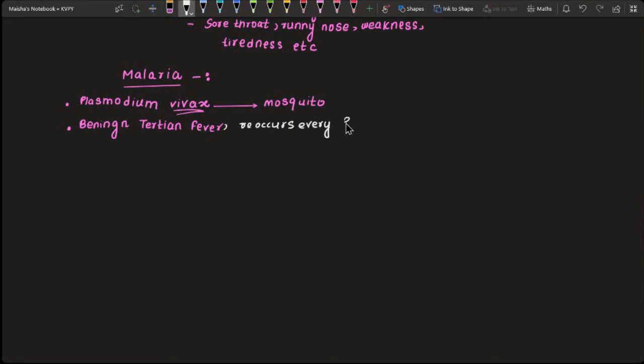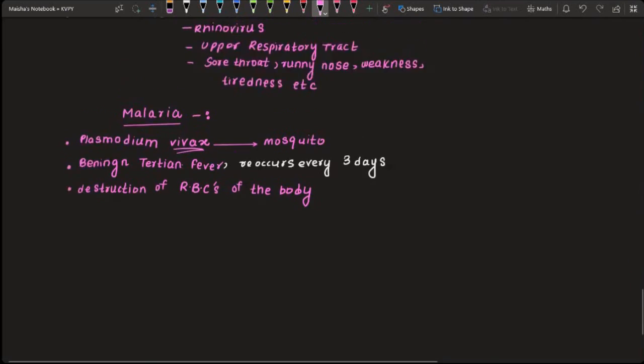Benign tertian fever is a fever that reoccurs every 3 days. This is termed to be very harmful. In some extreme cases, malaria will also result in destruction of the RBCs, or the red blood cells, of the body.